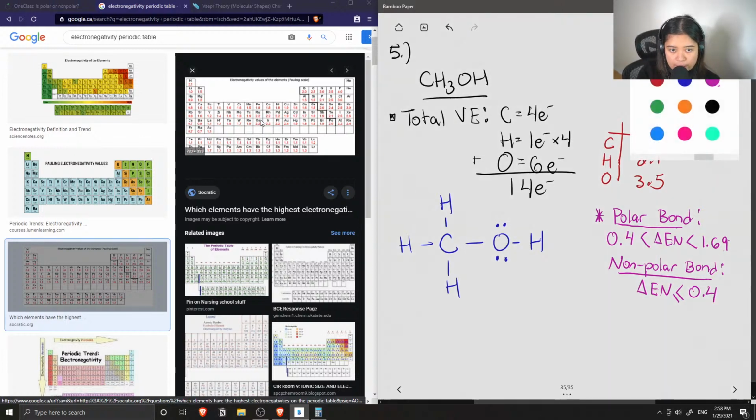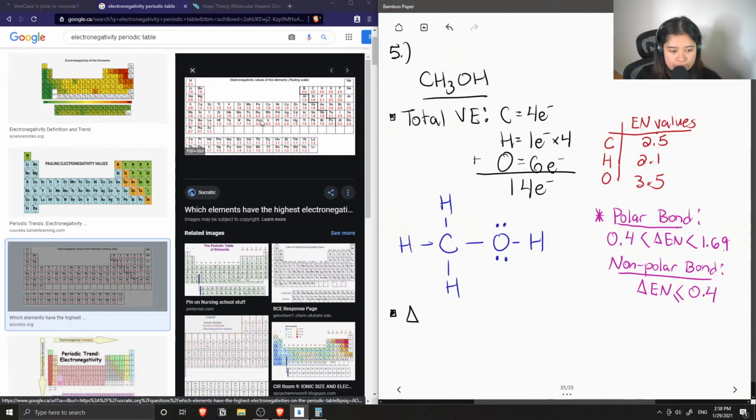Okay, so now let's calculate the different electronegativity differences between our atoms. So first let's look at the carbon-hydrogen bond. Carbon has an electronegativity value of 2.5, hydrogen's is 2.1, so their difference is only 0.4, so therefore this is a nonpolar bond.